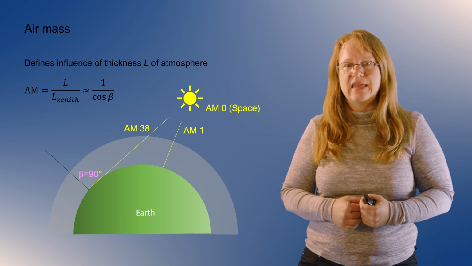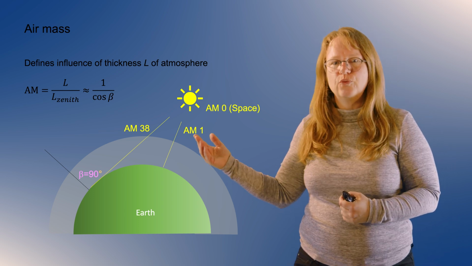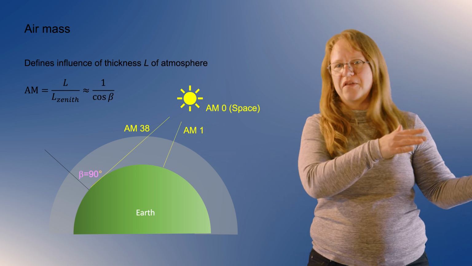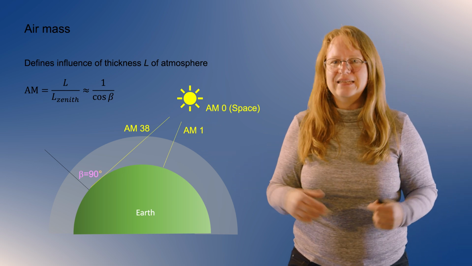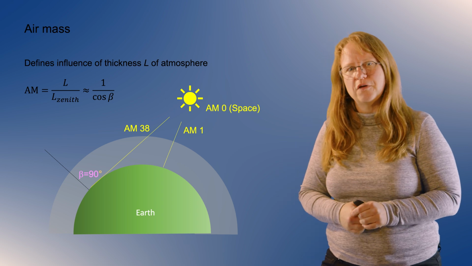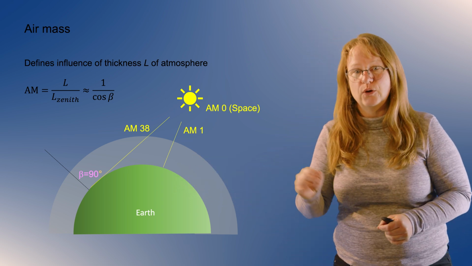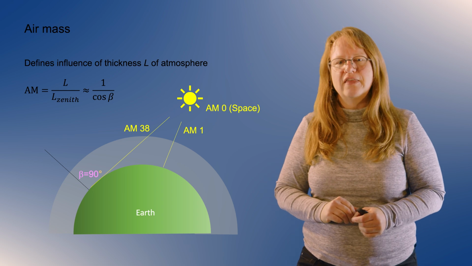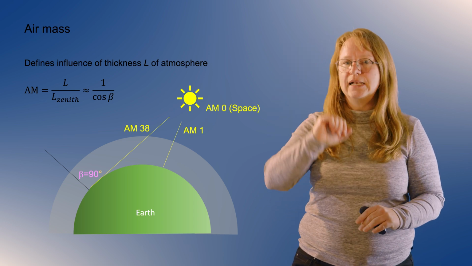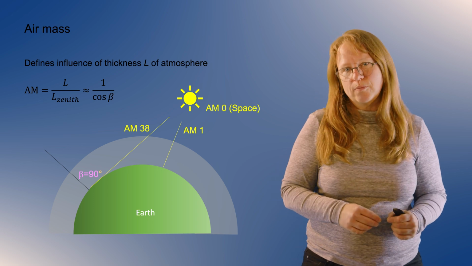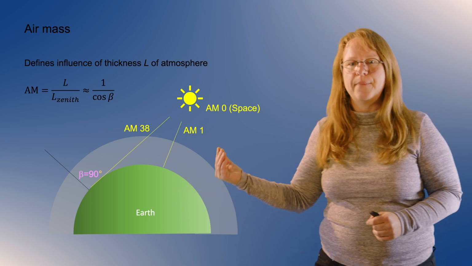Then you might ask, can the air mass also be somewhere between 0 and 1, or is it always between 1 and 38, or 0? And yes, it can also be in between if you are higher up in the atmosphere. Let's say you are in a plane, for example, then you would be at a higher altitude, and therefore you have less absorption by the atmosphere than at air mass 1.